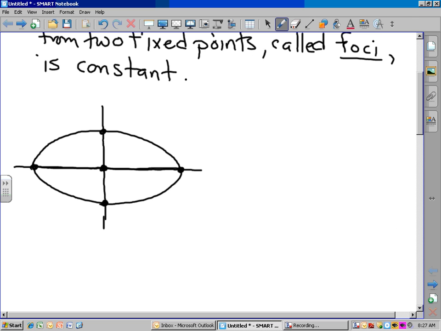That's one way of drawing an ellipse. Now we have a bunch of different points on here. The center, which we're still going to call (h, k). In this case, that would be (0, 0). We're actually putting it at the origin. But it could be anywhere.